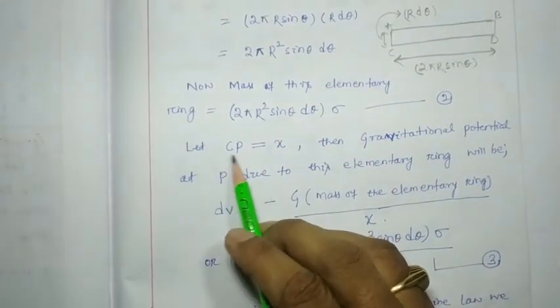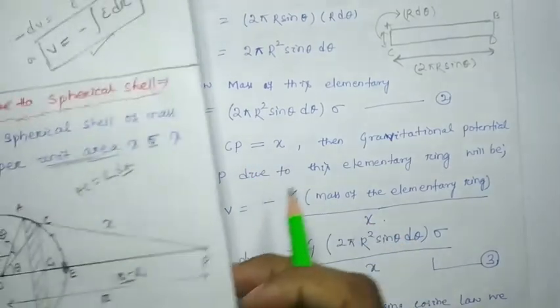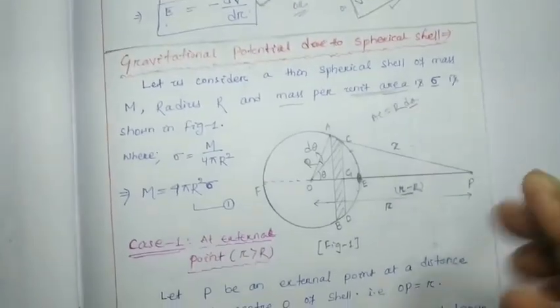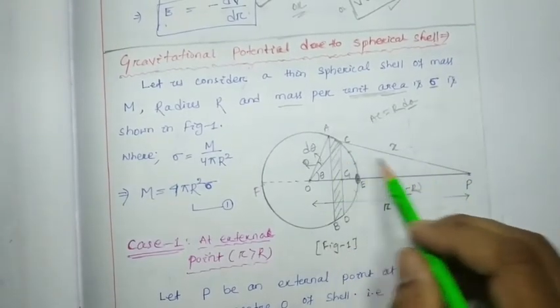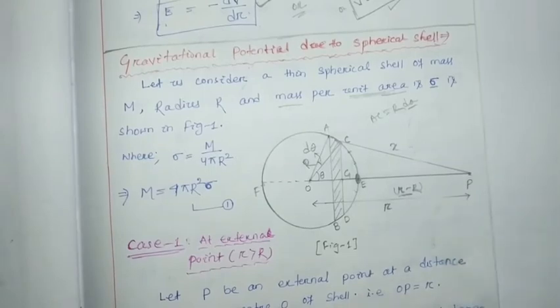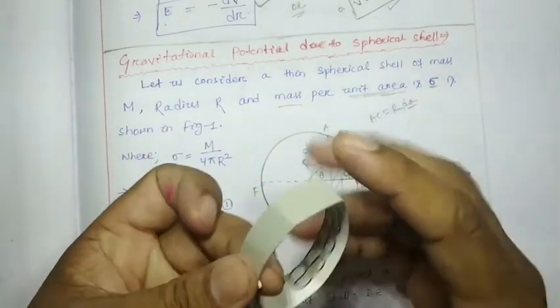Now let CP equal x. CP means from this point to this point is x. I'm going to show you. Wait one second.